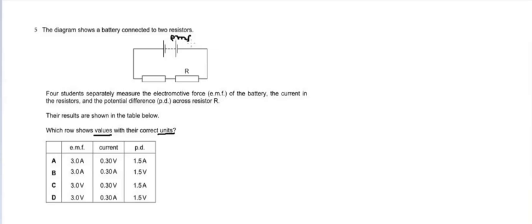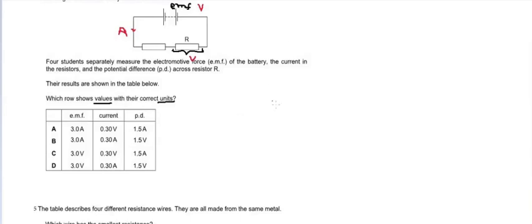And we are going to measure the potential difference across this resistor R. The unit of the EMF is the volt, and the unit of the potential difference across R is also the volt. When current flows in the circuit, the current is measured in amperes. So you should know these units before you solve the problem.